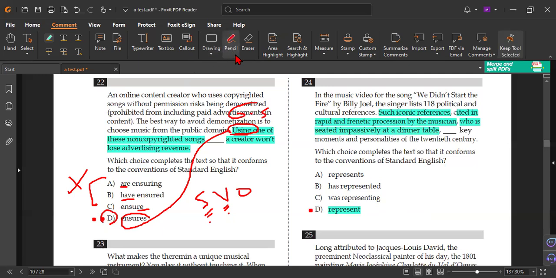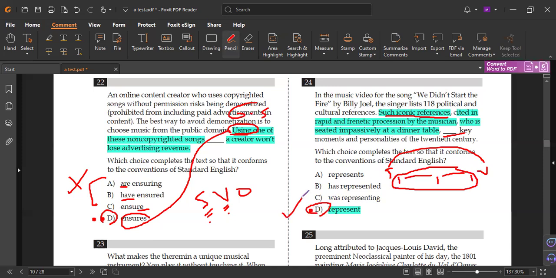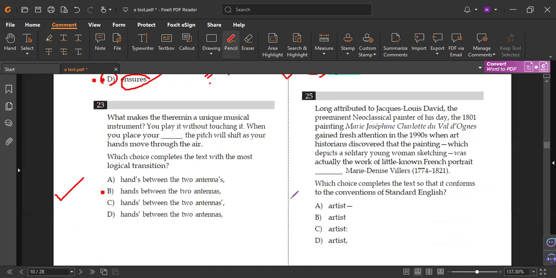So you will find the structure like that: subject, information, verb. We delete all of these and we'll find the relationship here. So this is your subject and this is your verb. But later we'll discuss everything, inshallah. So letter D is correct. Perfect. Let's try.